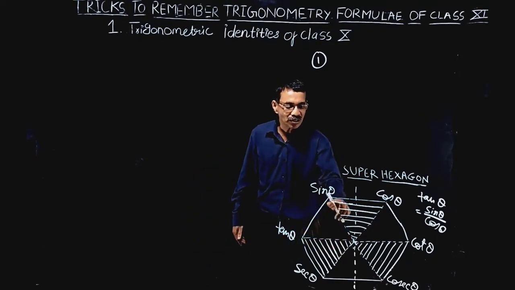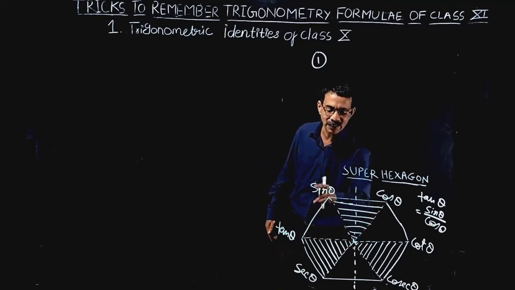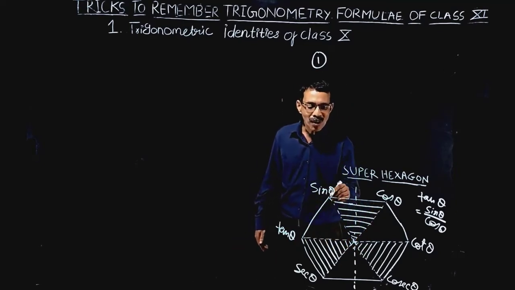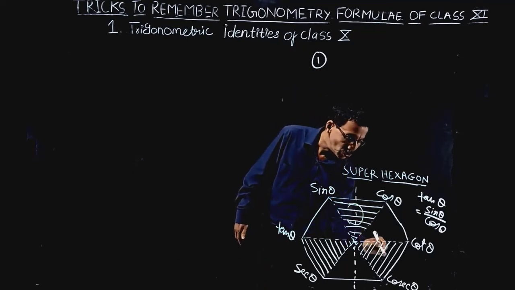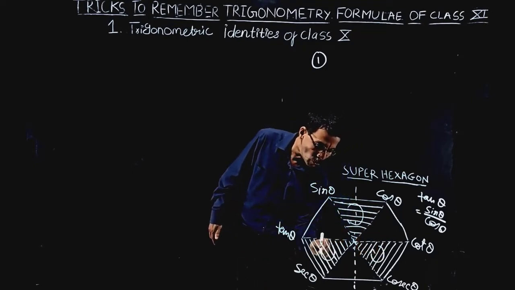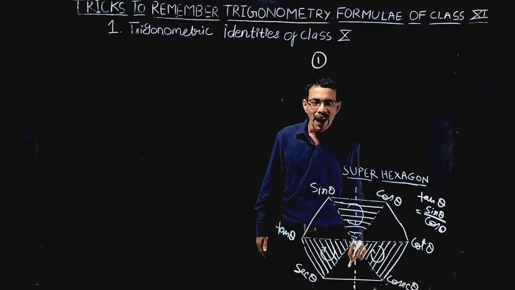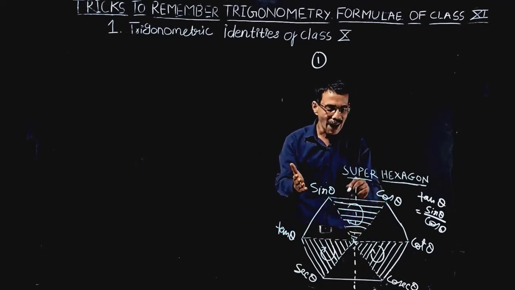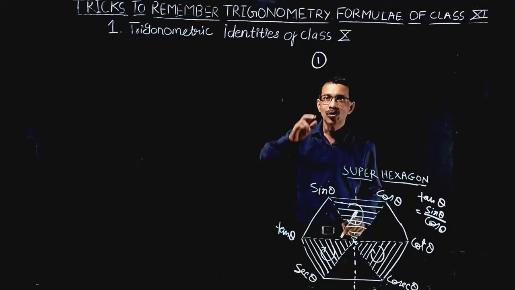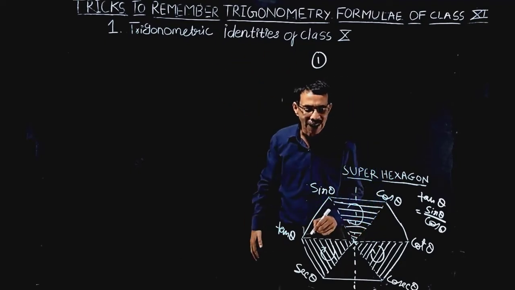And now I have shaded 3 triangles, and unshaded triangles are 3. I will move in these triangles in the clockwise direction. So all these triangles I will move in clockwise direction, and I will start from the left vertex of the triangle and move in the clockwise direction to remember 3 trigonometric identities.